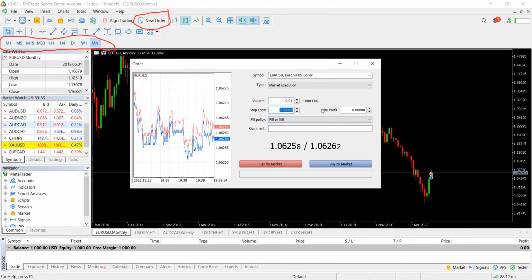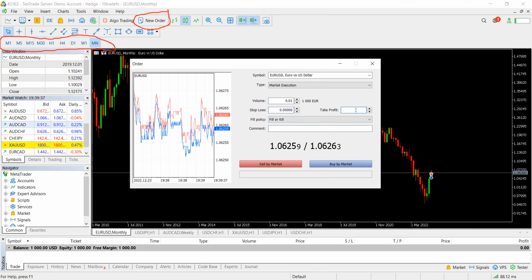On the flip side, take profit is a point where you exit a trade in profit. You set all of this automatically, and then MT5 takes care of the rest. All right, so we'll dwell on that after this particular scenario.